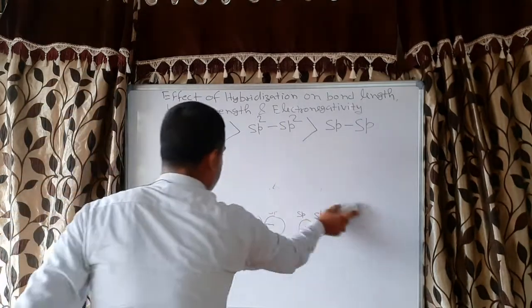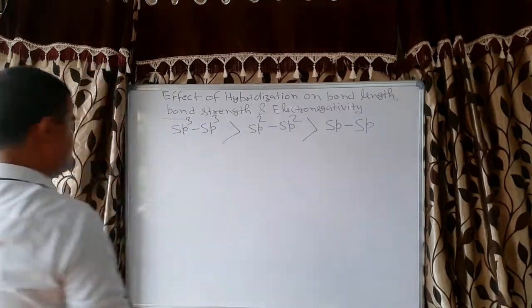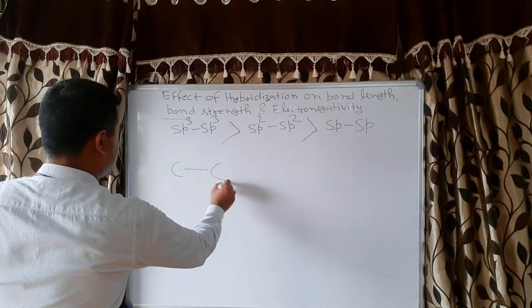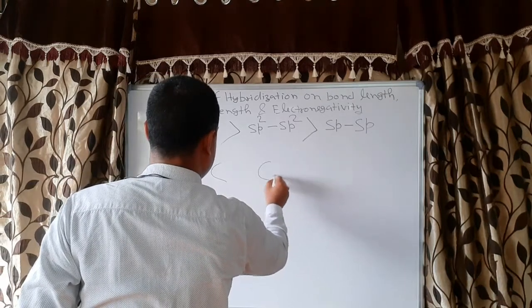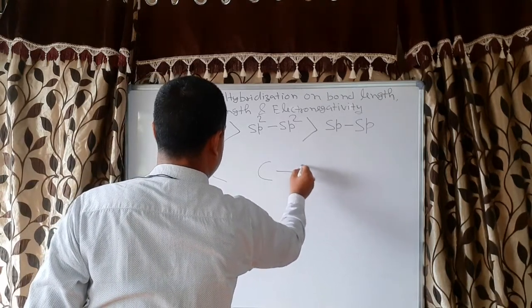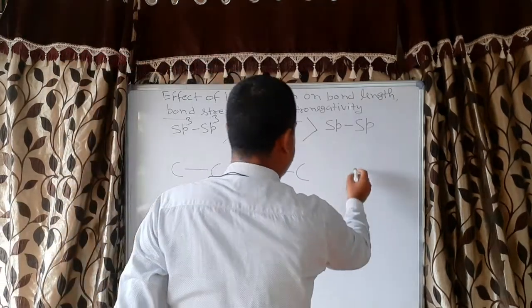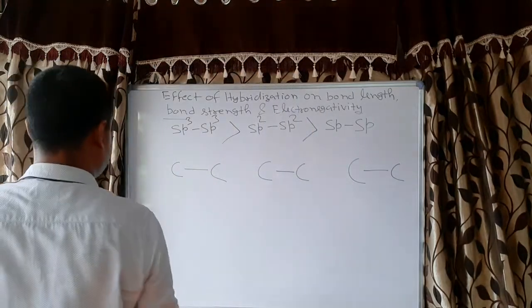What is the example? sp3 means, let us take the alkane. sp2 means alkene. Correct or not? And sp, alkyne. Correct?